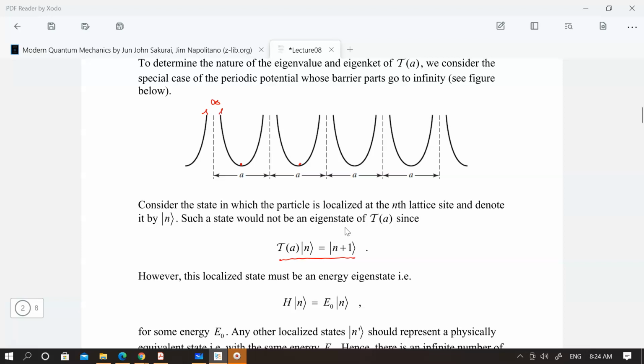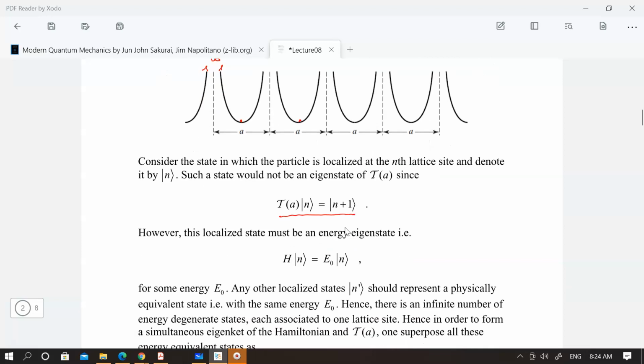So we have to fix this in some way to see how we get the eigenkets of the translation operator. But in any case, whatever the state is, there will be some particular energy eigenvalue. So let's consider this localized state to be in some energy eigenstate labeled by the eigenvalue E naught.